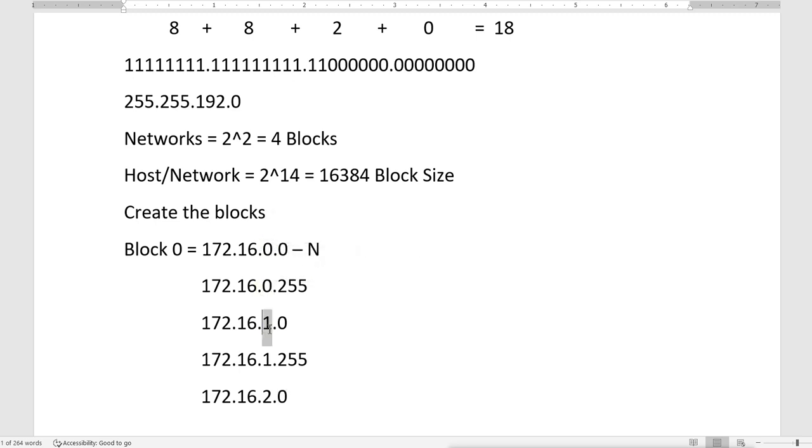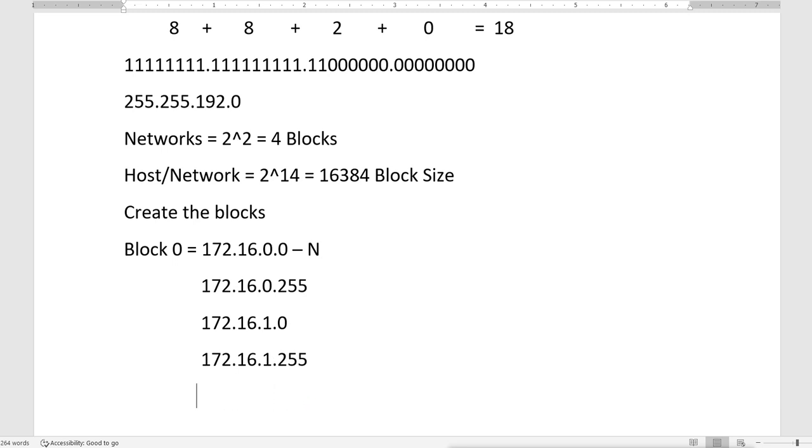That means for 16,384, how many times does this number go from 0 to 255? So it goes 64 times. That means from 0 to 64 here.